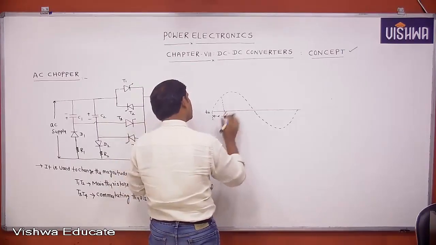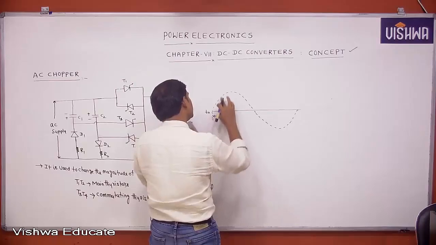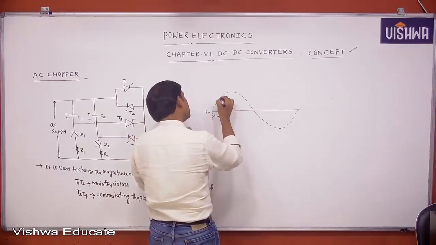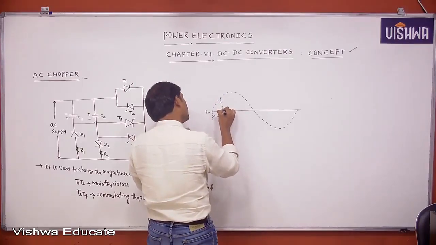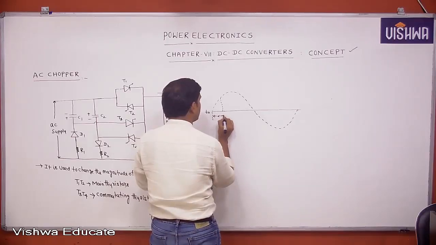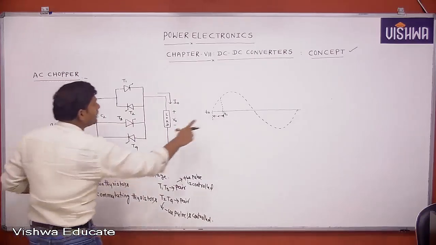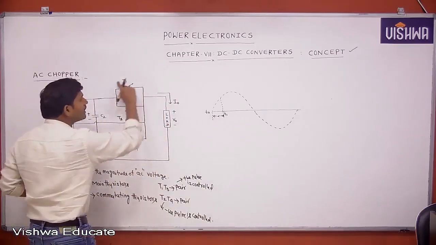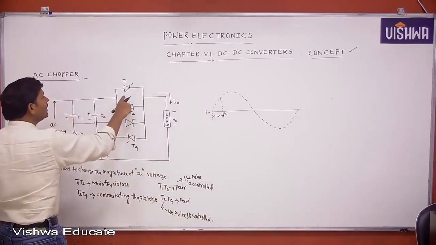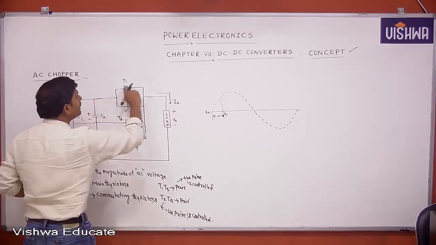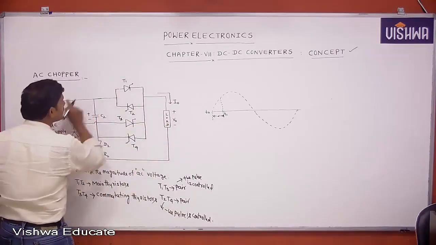Now at the T1 instant we trigger the T1 thyristor. Once we trigger the T1 thyristor, it starts conduction, supplying the constant current to the load.